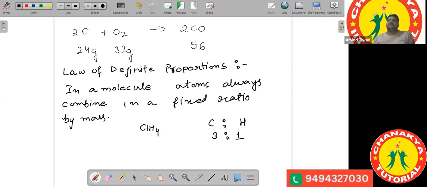Here the mass of carbon is 12 and the mass of hydrogen is 4. So 12:4 is equal to 3:1. Whenever you have CH4, it will always have the ratio 12:4, which is 3:1. Got it? Law of definite proportions.